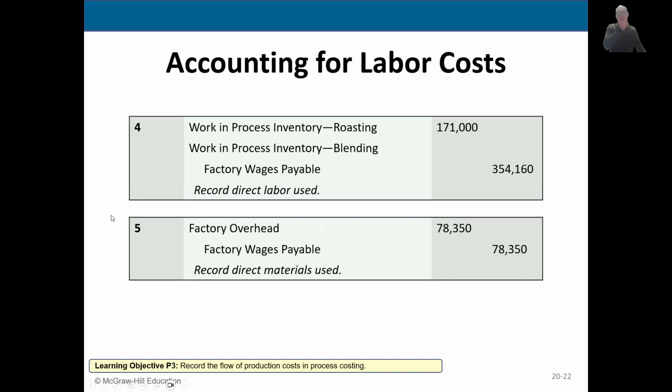Then we have our labor, got to add in our labor. Debit work in process inventory roasting, debit work in process inventory blending, credit factory wages payable. We have our indirect labor, debit factory overhead, credit factory wages payable.